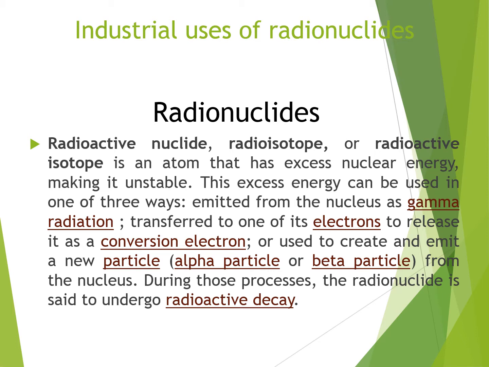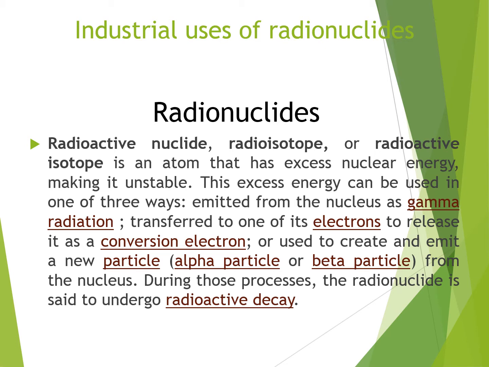Radionuclides, or radioactive nuclides, or radioisotopes, or radioactive isotopes, are all names of basically the same species, and it is considered an atom that has excess nuclear energy which makes it unstable. So it is basically an atom having excess nuclear energy, and this energy can then be utilized in different ways.